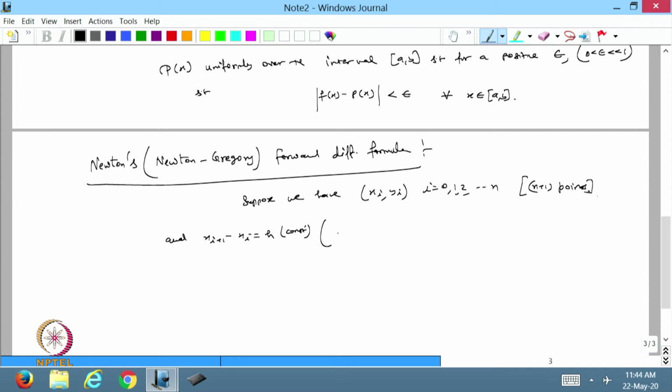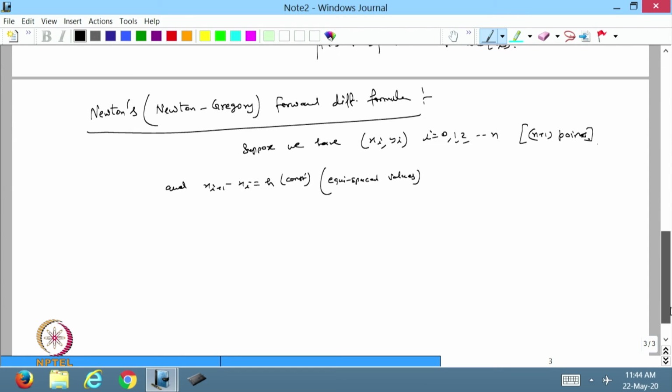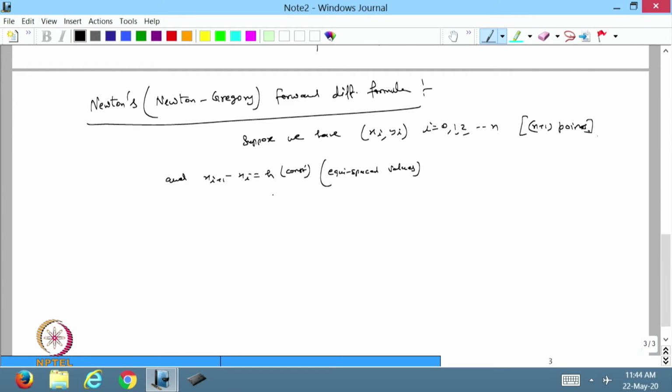It means that it is equi-spaced data, equi-spaced values. Then I can write the xi as x0 less than x1 less than x2 less than xn.